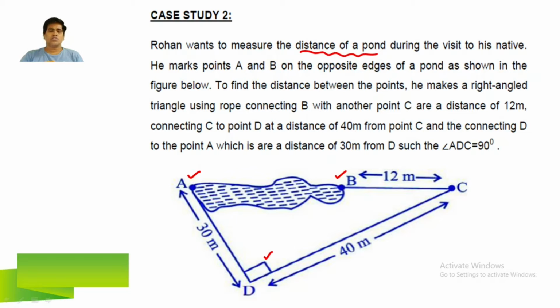So this is the case study about Rohan measuring the distance between the edges of the pond.